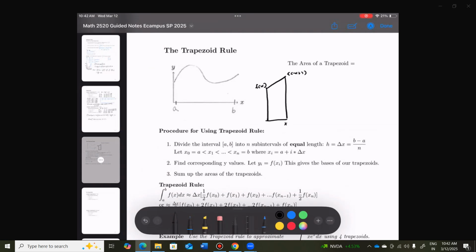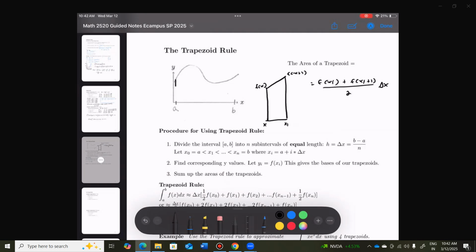This is x1. This is x. And so the area here would be f of x sub i plus f of x sub i plus 1 over 2 delta x. So basically averaging these two functions and then multiplying it by your change in x.